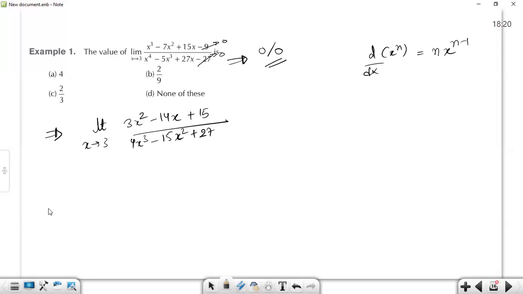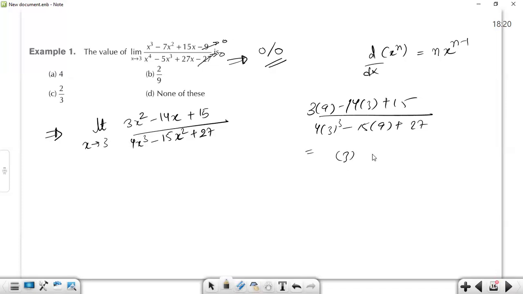Okay. So now let us proceed further. And here, if we substitute the value of x equals 3, let us just apply and see what will be its answer. Taking 3 cube common from the numerator, here it will become 0.